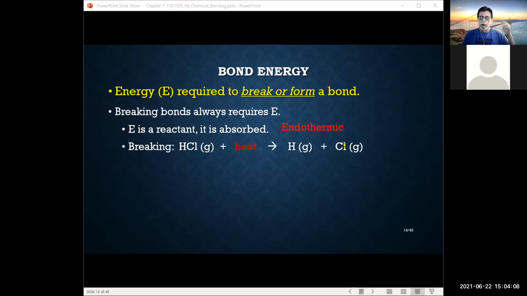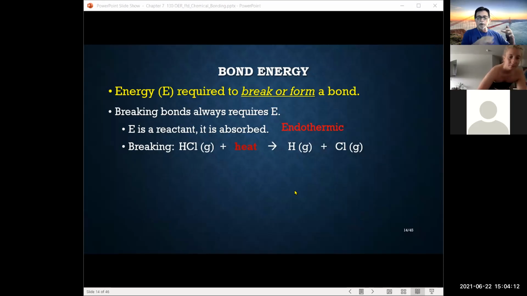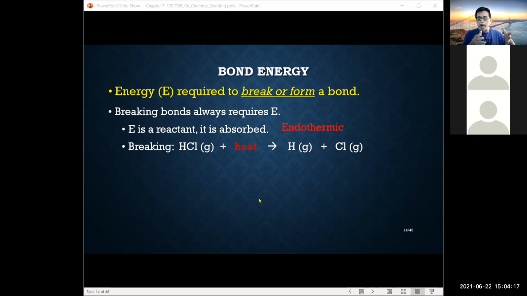Okay. And we write this in a reaction. Here's a typical chemical reaction: HCl plus heat. That arrow tells you we've got something happening here, be it a physical or chemical process. To the left of the arrow are the reactants, and to the right of the arrow are the products.